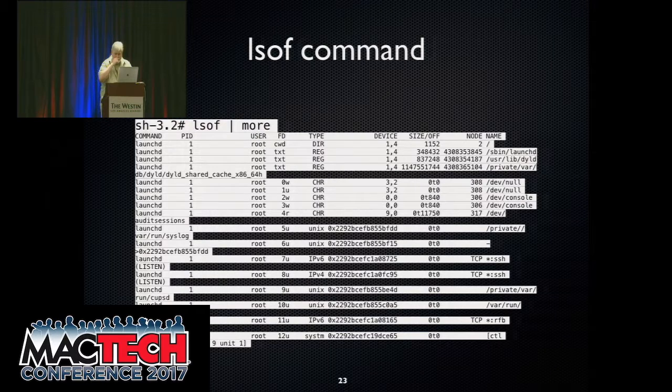Okay, the type. There are specific types of files. There's REG for a regular file, or DIR for a directory, or FIFO, first in, first out. What would that be used for?